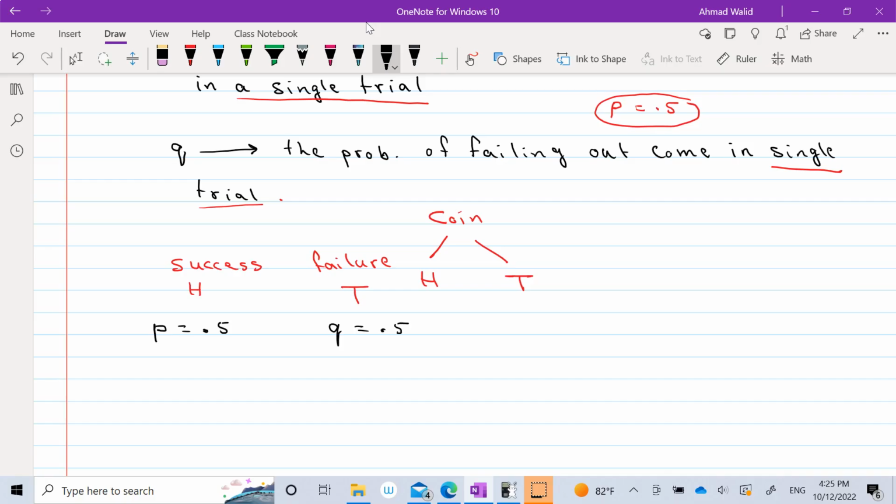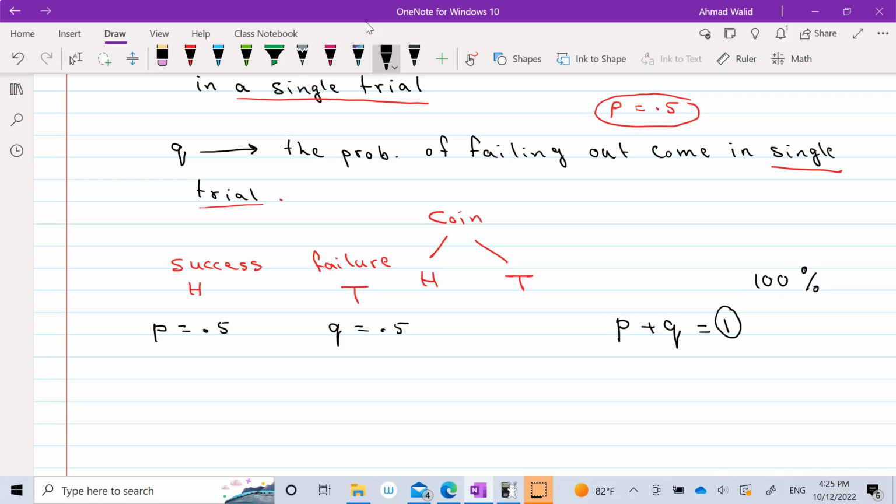Then, from here, I can say something for you. Whenever you add lowercase p with q, it should always give you 1. And we know that 1 for us here means 100%. 50% plus 50% gives you 100%.